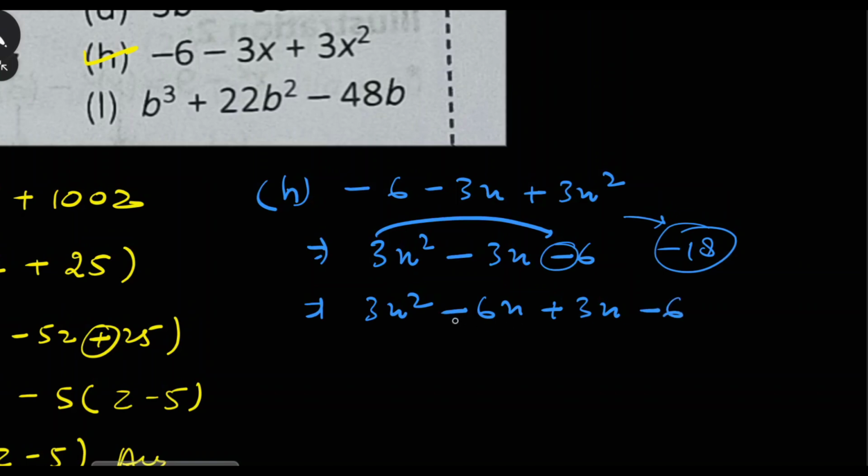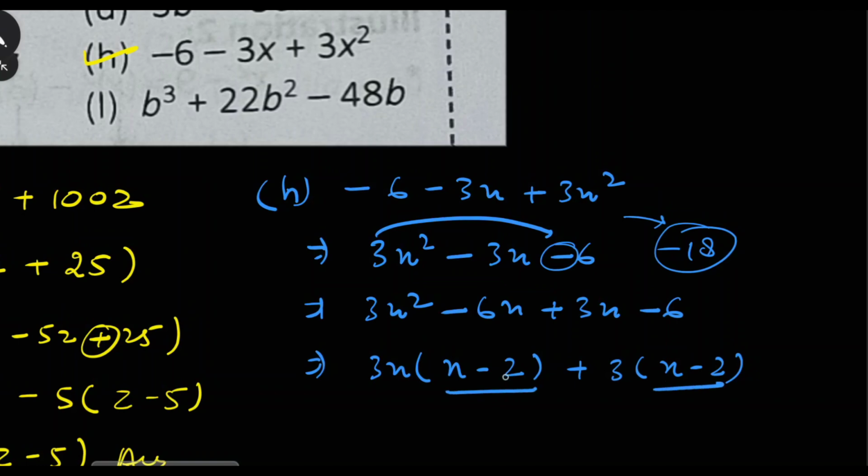So here is minus 6 and plus 3. So minus 6 plus 3 becomes minus 3, and minus 6 into plus 3 gives minus 18. So signs are satisfied. Taking 3x as a common here, you are left with x minus 2. And here taking 3 as a common, you will also be left with x minus 2.